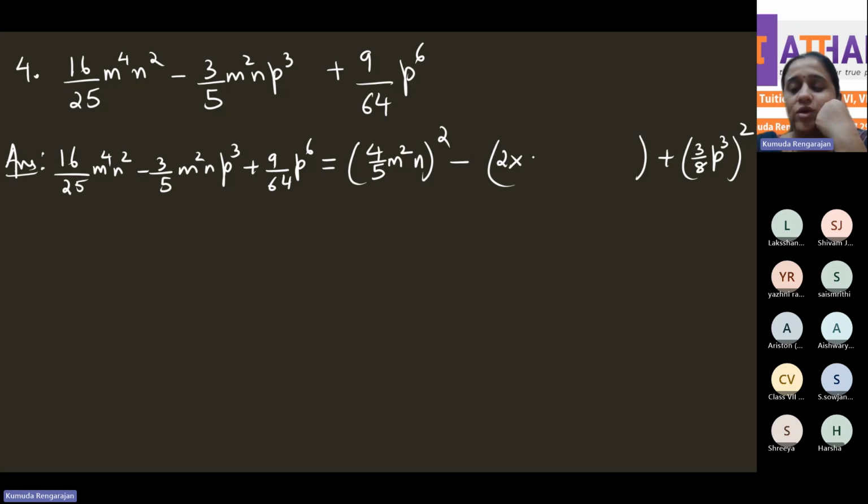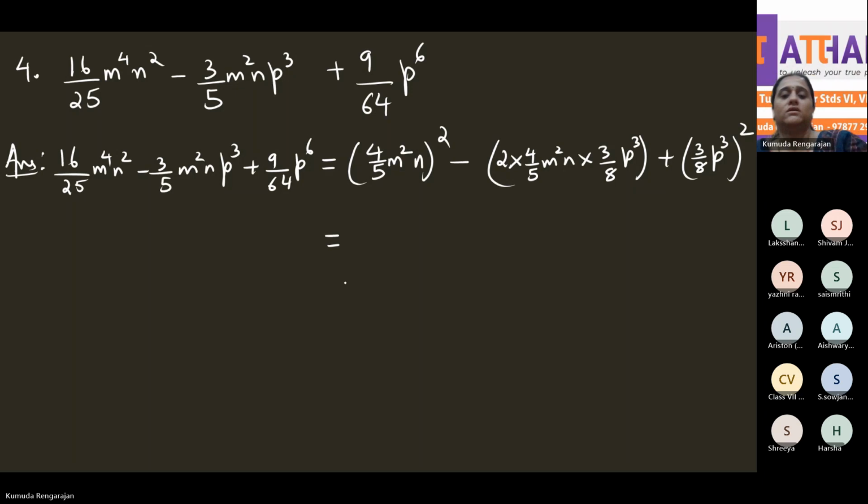Ma'am, 4 by 5 m square n. Very good, Surya. 4 by 5 m square n. And then what about b? 3 by 8 p cube. Very good. Thank you, Surya.